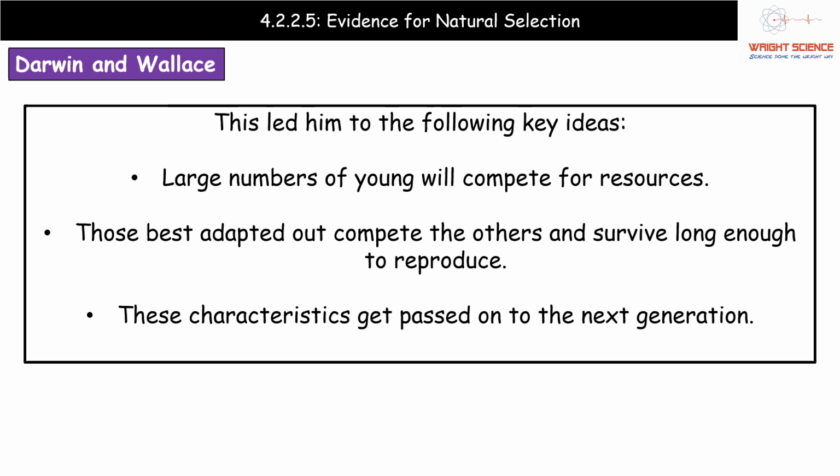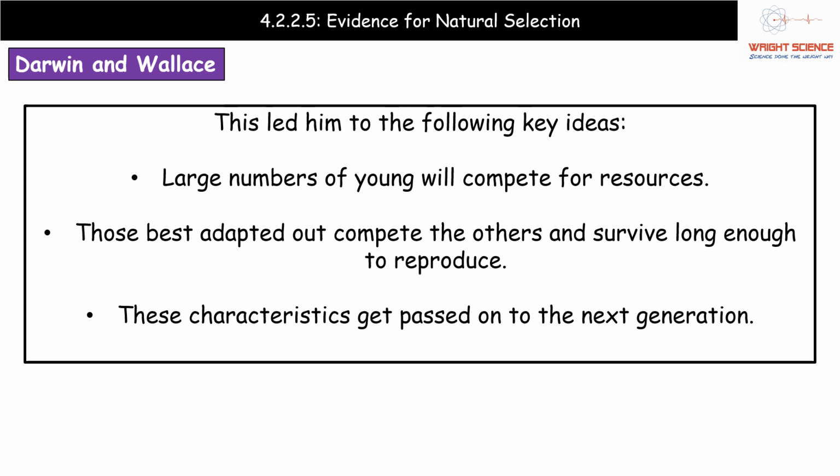There's not just an infinite amount of food, etc. Therefore, all of those offspring will be competing for resources which will be in a limited supply. Because those resources are in a limited supply, the ones that are best adapted out of the entire little posse are going to be able to survive. And if they're able to survive, then hopefully they're going to live long enough to reproduce.